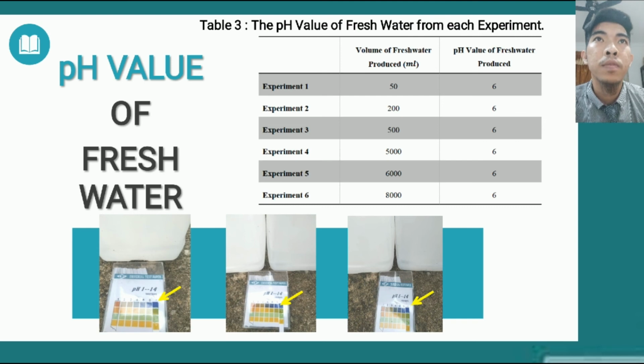For the pH value, all the end products were pH 6, measured using pH paper. In the study, as I researched, the pH value of fresh water is between 6 and 8.